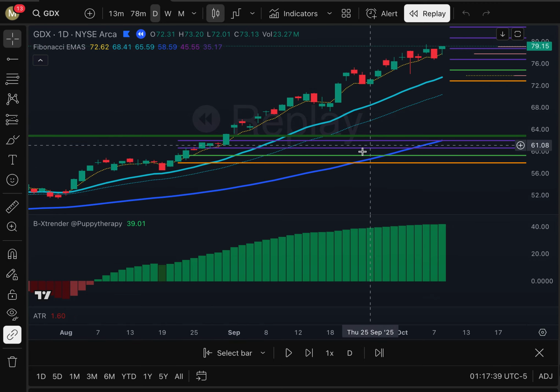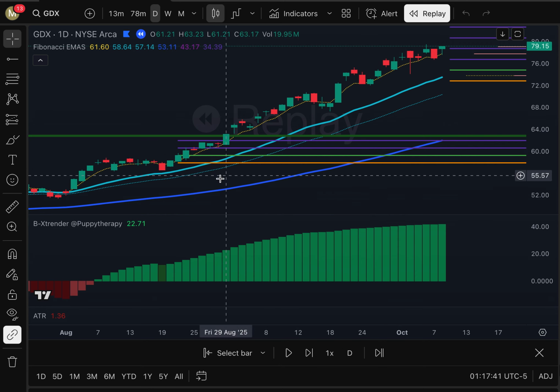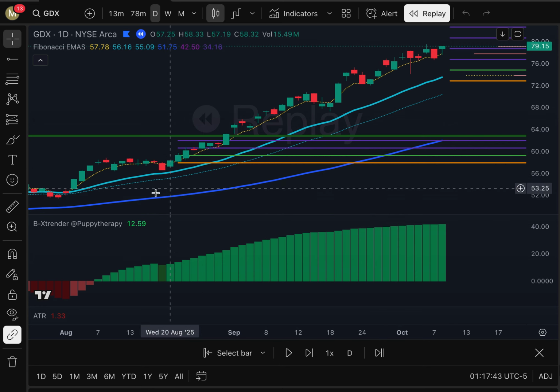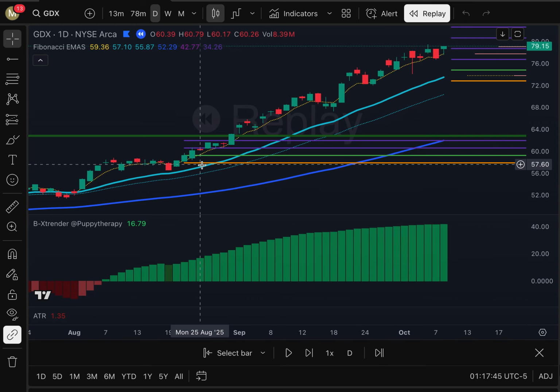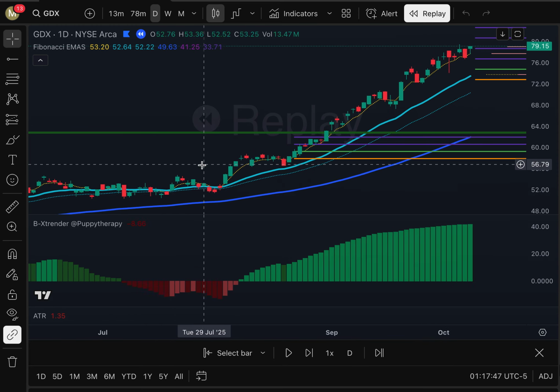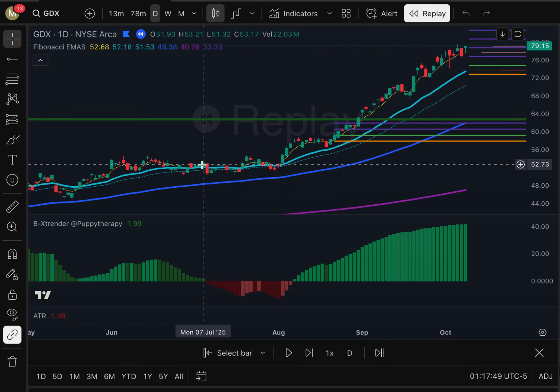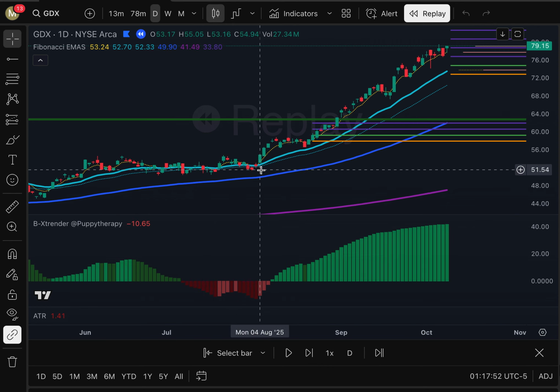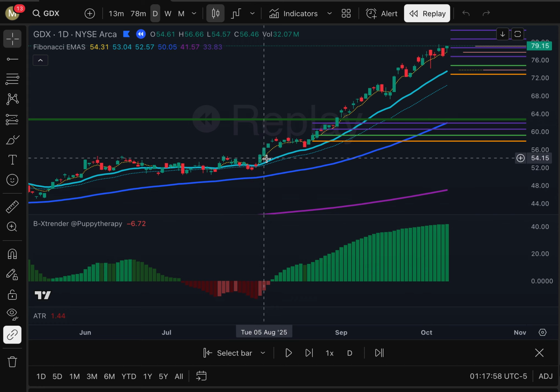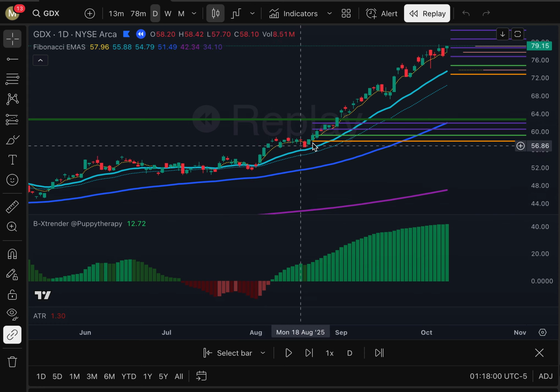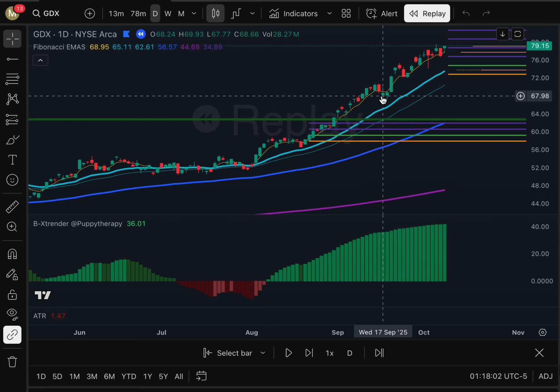And it has been on a trend starting, if we zoom out, we're looking at a daily chart here. So back here in August, at the beginning of August, it broke above the 21-day moving average and has just ridden up on this beautiful trend.